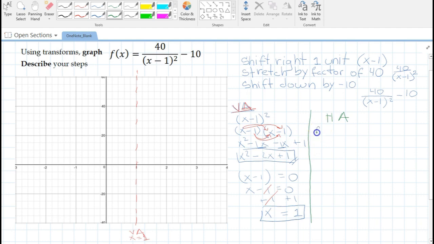When we're looking for our horizontal asymptote, we have to find the leading coefficients for the numerator and the denominator, so we can know if we will have a horizontal asymptote or not. We need to find the degree of the numerator and the degree of the denominator. For that, I'm going to work this function out.